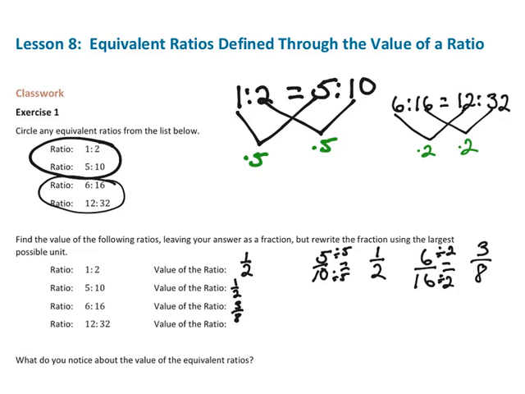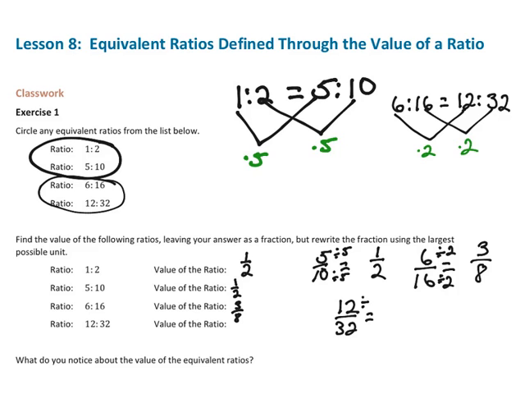12 to 32 can be written as 12 over 32. Again, you can use your divisibility rules to determine what it can be divided by. You could definitely divide them both by 2. You could not divide them both by 3 because 1 plus 2 is 3, but 3 plus 2 is 5. 4, if you know your 4 table, you could divide them both by 4.